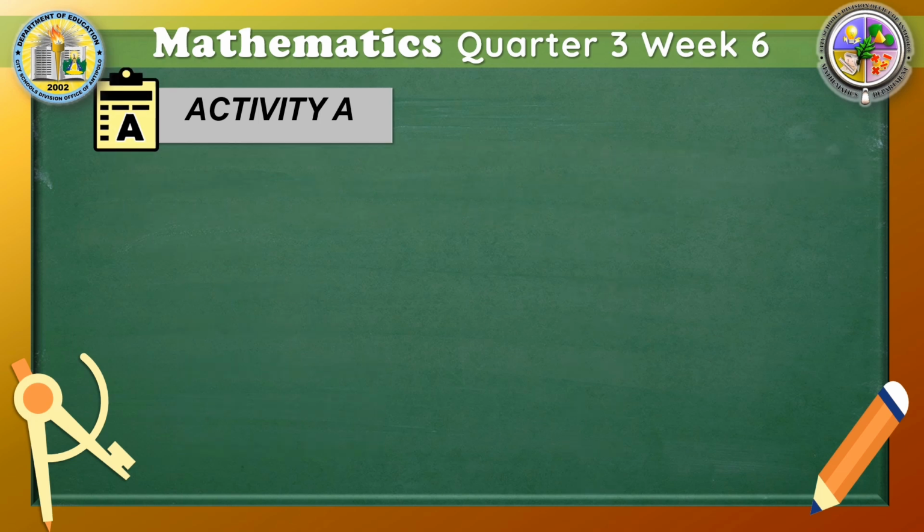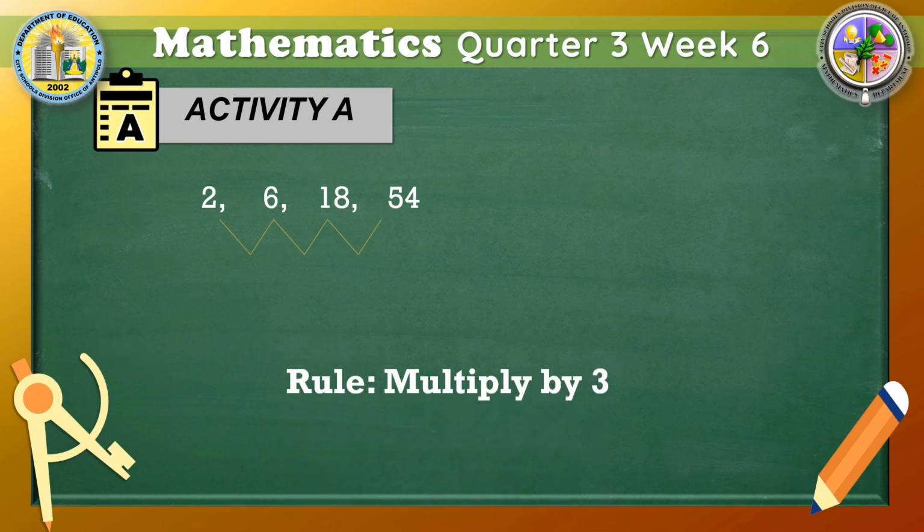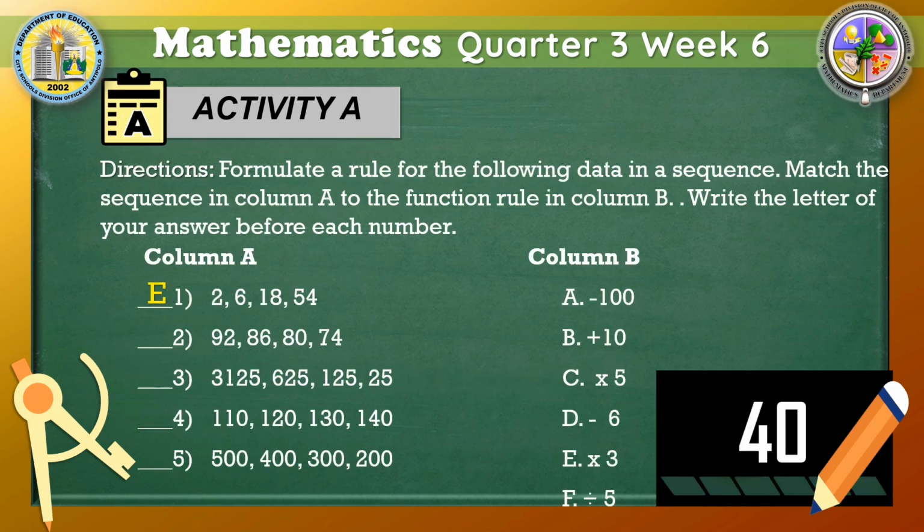Let me answer number 1 for you. Number 1: 2, 6, 18, 54. The rule here is multiply by 3. Solutions: 2 times 3 is equal to 6. 6 times 3 is equal to 18. 18 times 3 is equal to 54. So the final answer is letter E.